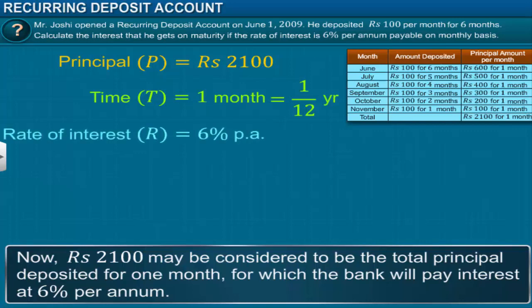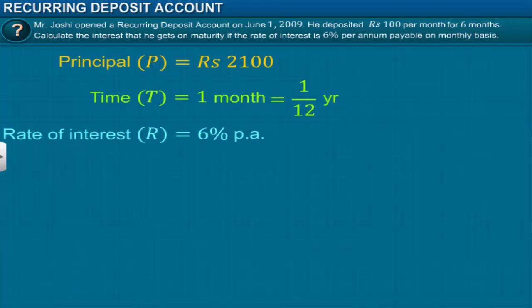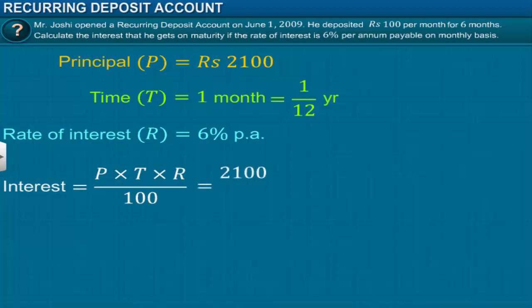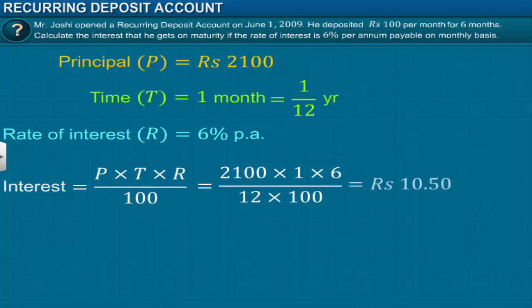And the rate of interest is 6% per annum. By the formula for simple interest, interest is equal to P multiplied by T multiplied by R divided by 100. On substituting the values and simplifying, we get the interest as 10 rupees and 50 paisa.